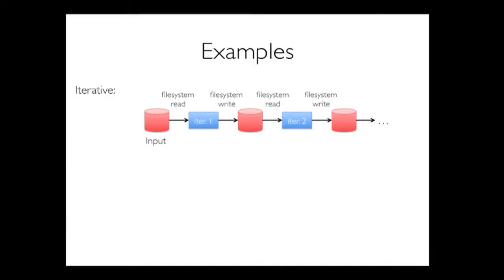Just as an example, if you have an iterative algorithm, for example, something like PageRank, this is a very common pattern. Basically, the way it's going to work is you'll have a bunch of different steps. Each step can be written as a MapReduce, but in between them, you have to store data. And the output of each step becomes the input of the next one. So in PageRank, for example, you'd read your graph from an input, you'd do a MapReduce to compute the initial PageRank of each page, and now you'd have to write that out.